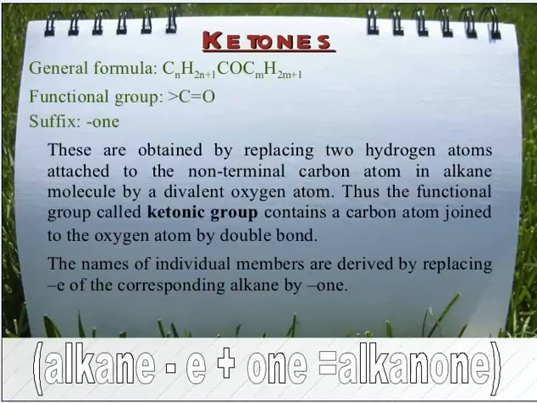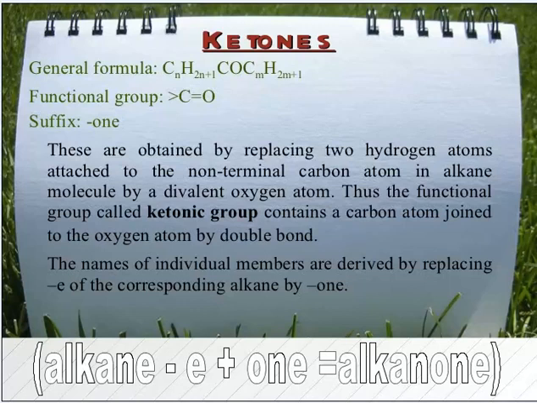Ketones. General formula is CnH2n+1 CO CmH2m+1. The functional group is C double bond O, and the suffix is ONE. These are obtained by replacing two hydrogen atoms attached to a non-terminal carbon atom in an alkane molecule by a divalent oxygen atom.